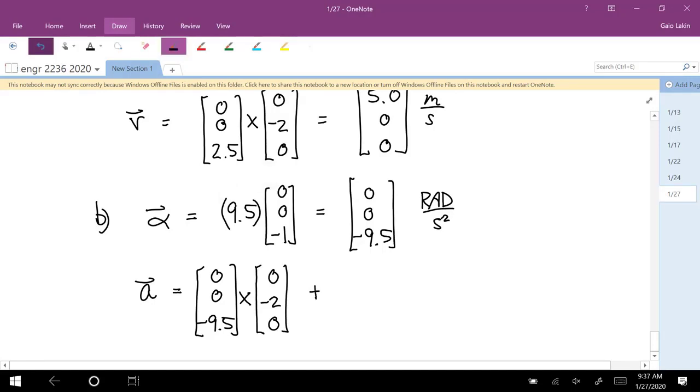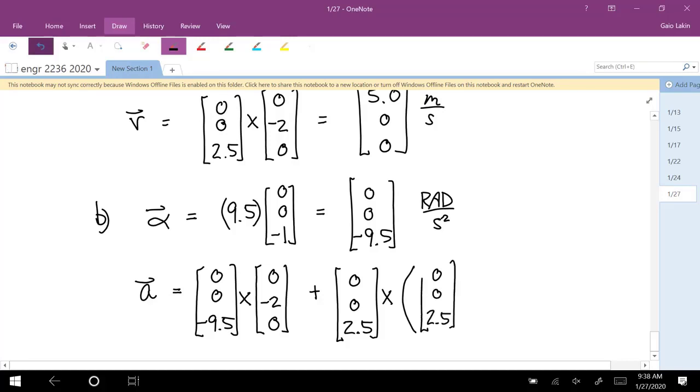And then plus the angular velocity vector, 0, 0, 2.5, crossed with the quantity 0, 0, 2.5 cross 0, negative 2, 0.